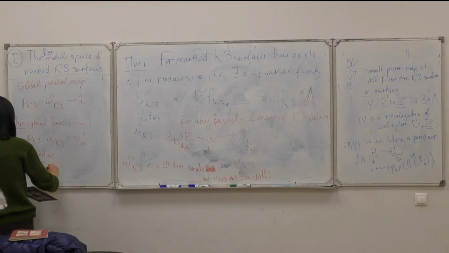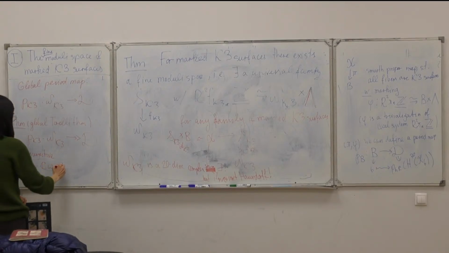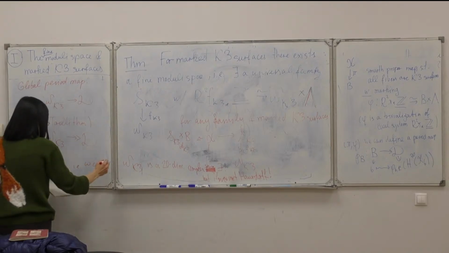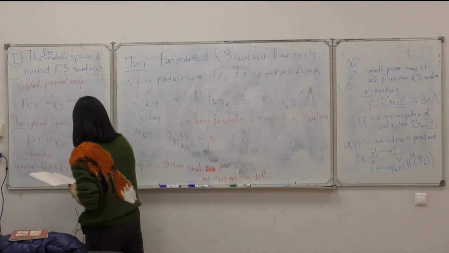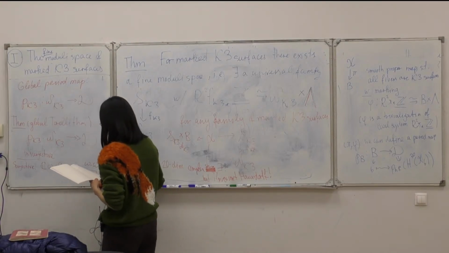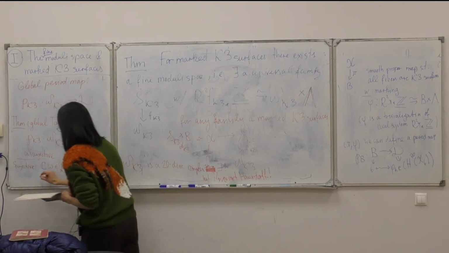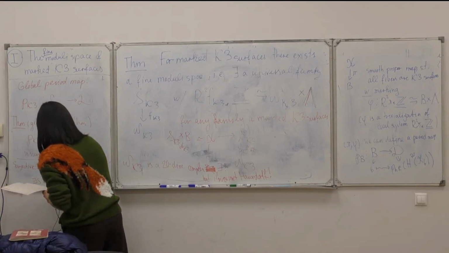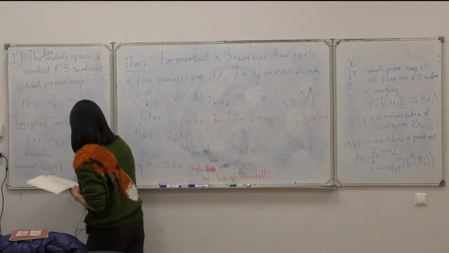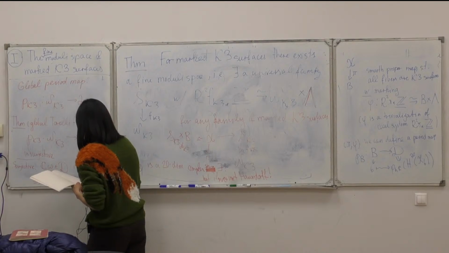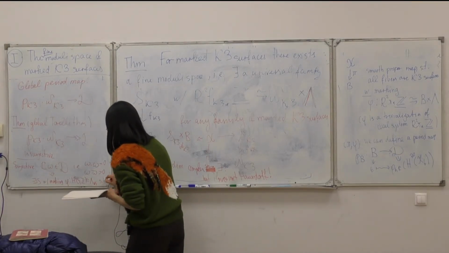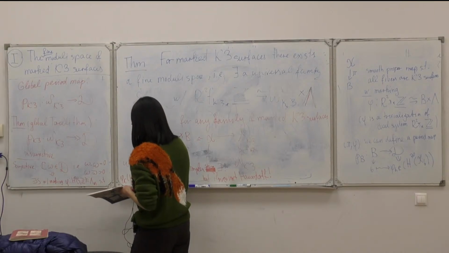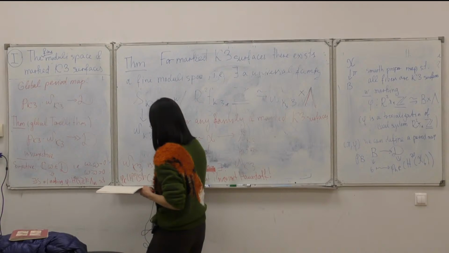This means that if we have a line in the period domain, so this means that the self-intersection is 0 and the intersection with its conjugate is greater than 0, then there exists a K3 surface with marking H2 such that the image of the complexified H^{2,0} of S is the corresponding line.